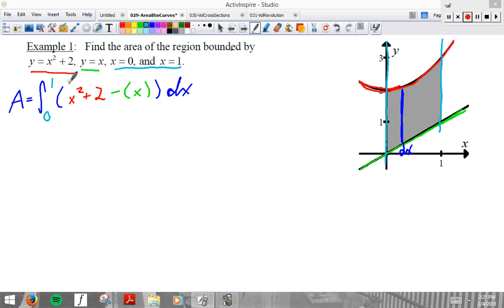And that's it. That's the whole area here. The height of each slice times the width of each slice. Cleaning this up a bit, just to make it clear what we're going to integrate. There's no need to rewrite it. I'm just trying to make it clear. We're going to anti-differentiate using the reverse power rule.